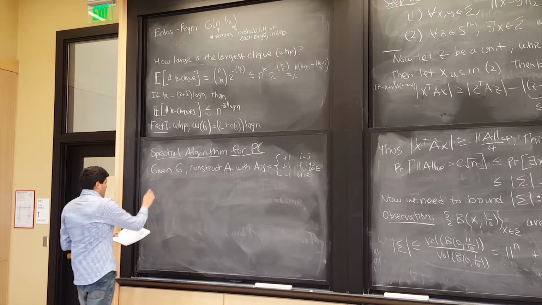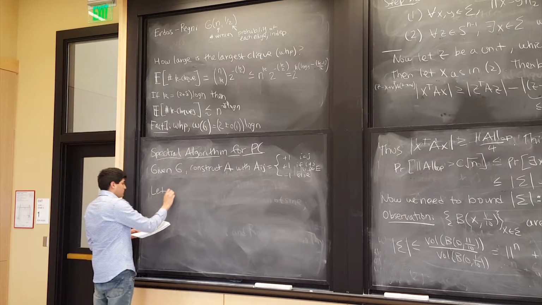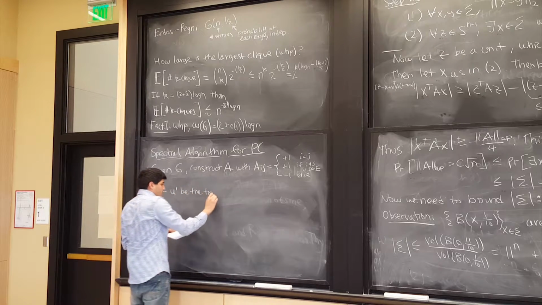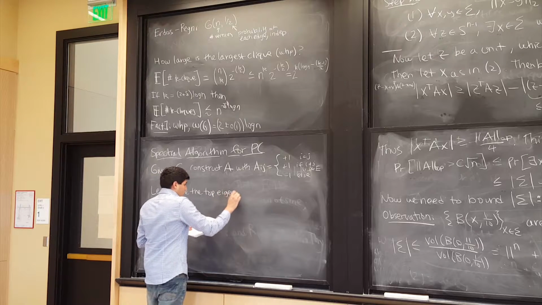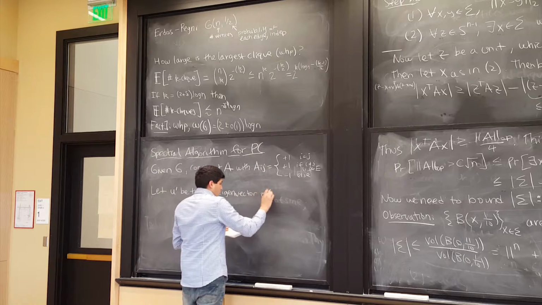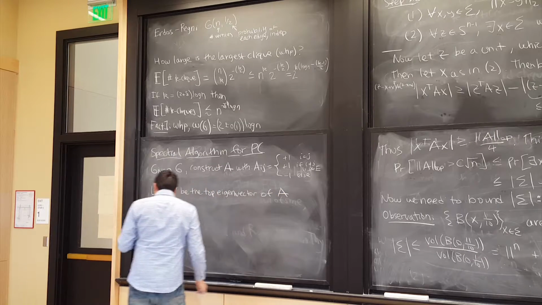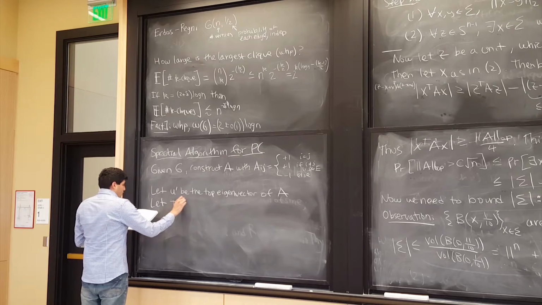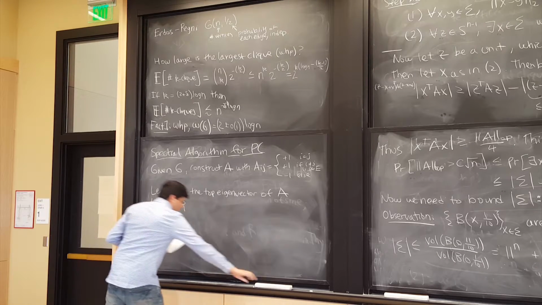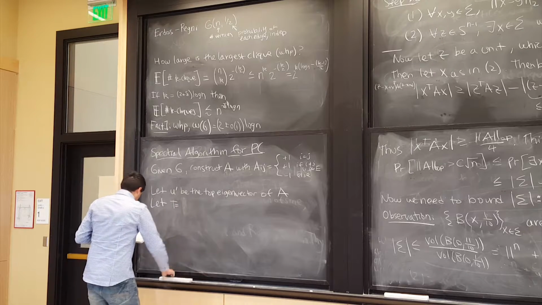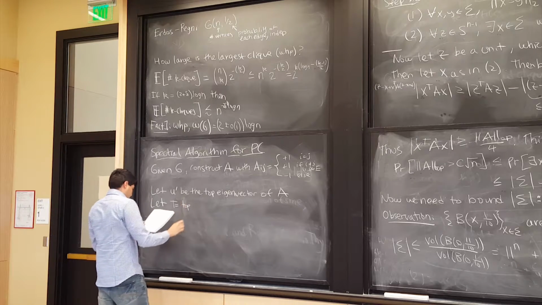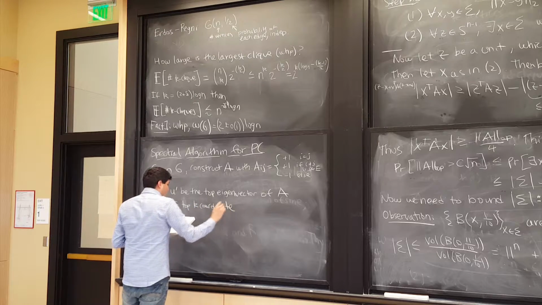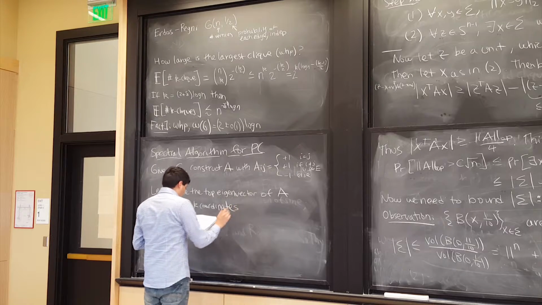Now the important thing is that, at the end of the day, we're going to let U prime be the top eigenvector of A. So we compute the top eigenvector, and we're going to create a set P, which is designed to pick out some of the elements of the planted clique.